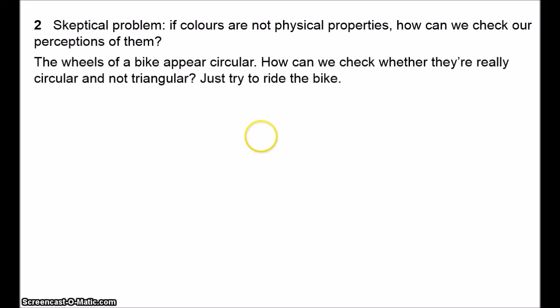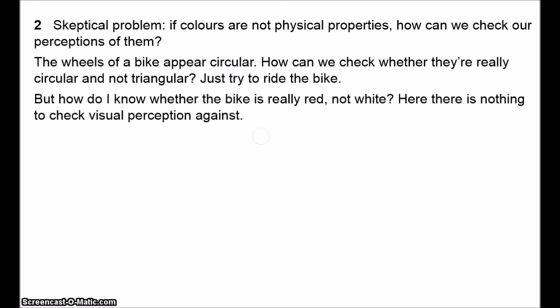What about the question, how do I know that the bike is red and not white? Well, notice that if we identify colours with physical properties, as the reductionist does, this is no problem. Redness is a set of spectral reflectances, so to check whether the bike is really red, we analyse the surface spectral reflectance of the bike. But what can we turn to on primitivism? Since colours are not physical properties, it looks like there just is nothing to check.